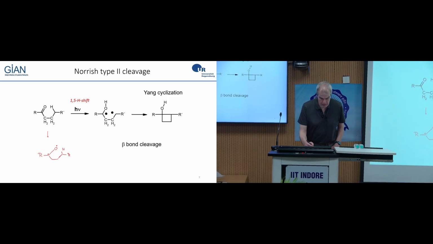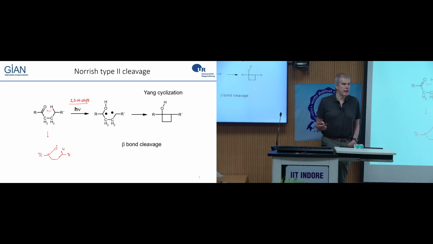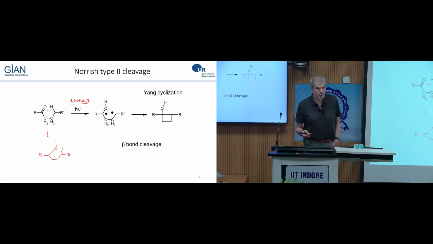Typically, a very good process is these 1,5 hydrogen shifts, and you can easily see why. If the hydrogen gets transferred to the excited state of the oxygen, it goes through a 6-member transition state, and that is very useful and typically favored over a 5-member transition state or even larger rings.